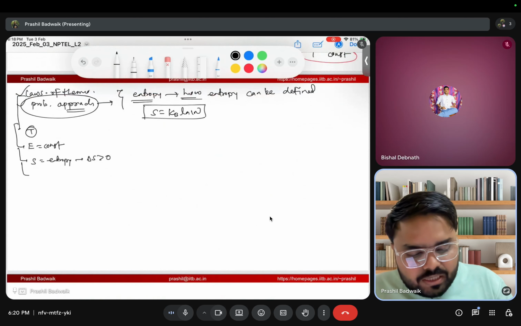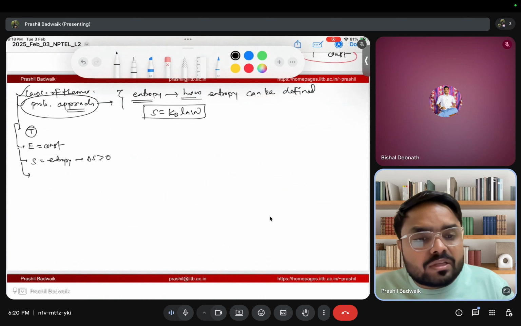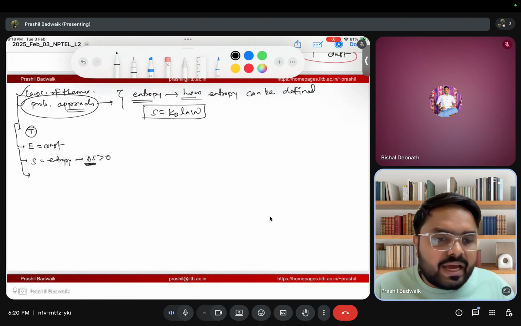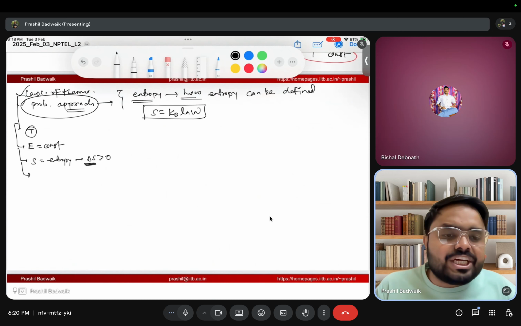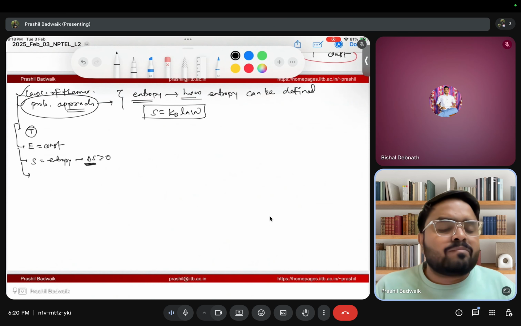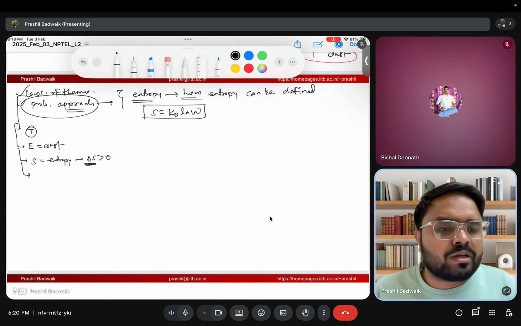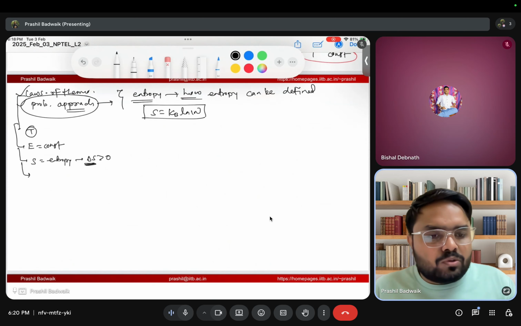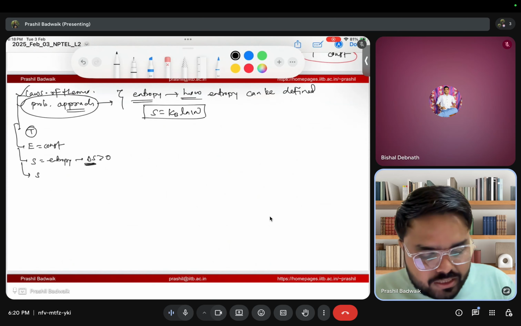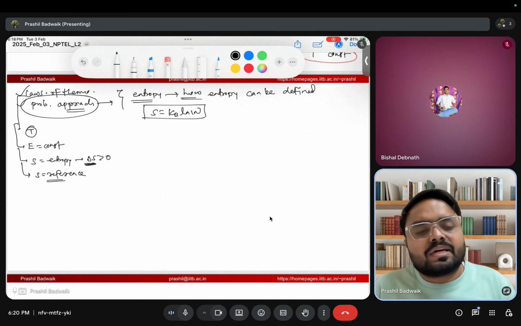And then the third thing is, what is the reference for that entropy? Whenever I say delta S, it is a change value, so if I am talking about change, there has to be some reference from which I am going, correct? So that's why S reference. So these laws basically came one by one.